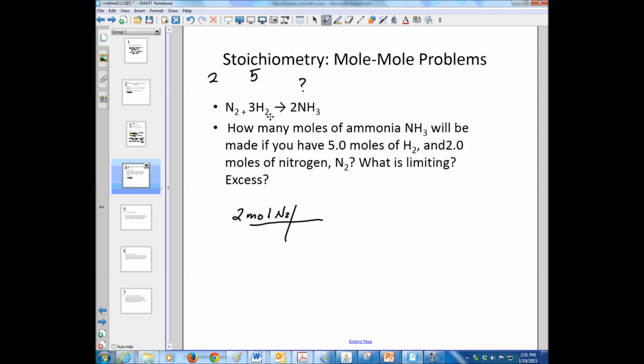What's my ratio of nitrogen to ammonia? 1 mole of nitrogen to every 2 ammonias will make 4 moles of ammonia if we start with 2 moles of nitrogen. If we start with 5 moles of hydrogen, our ratio of hydrogen to ammonia is 3 to 2.